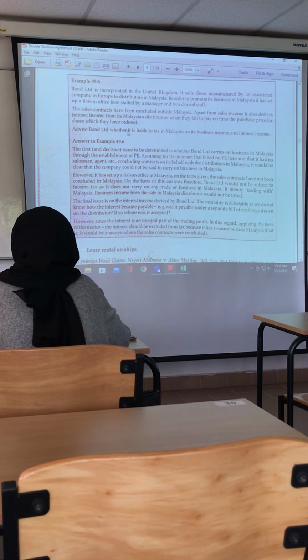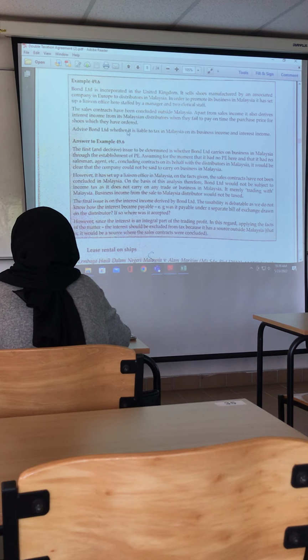And how is the money actually used? Or not, does the Malaysian company use the borrowed money in Malaysia? The income will only be derived in Malaysia if the borrowed money is used for business in Malaysia or on assets for the purpose of production of income in Malaysia. So it is lengthy, the interest income.